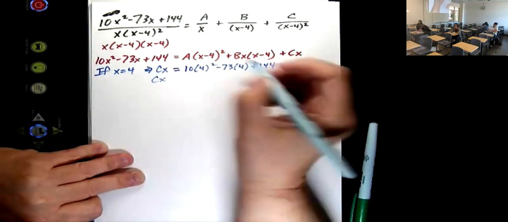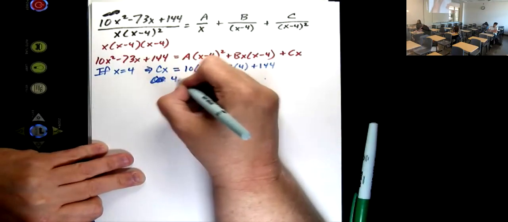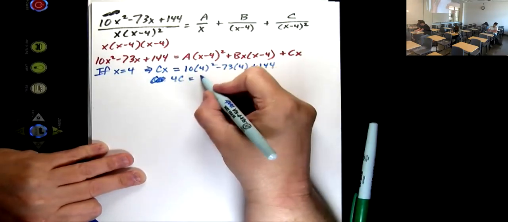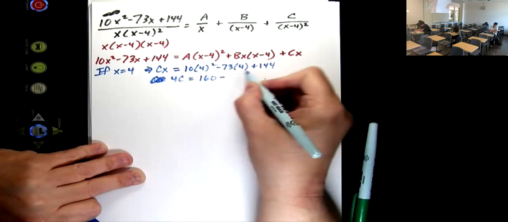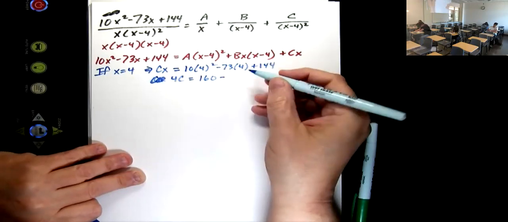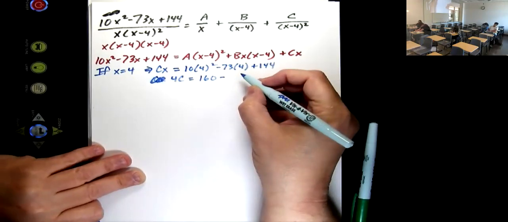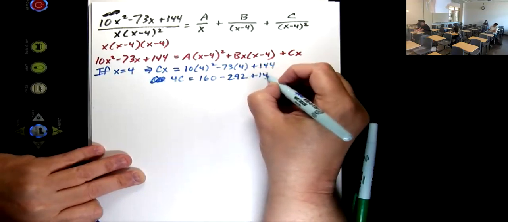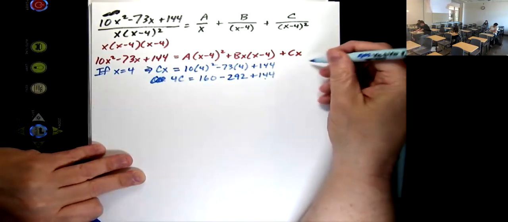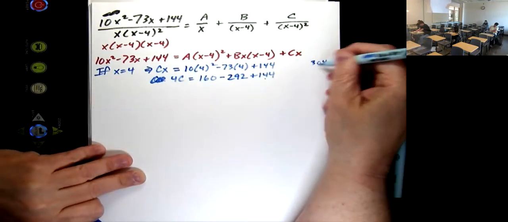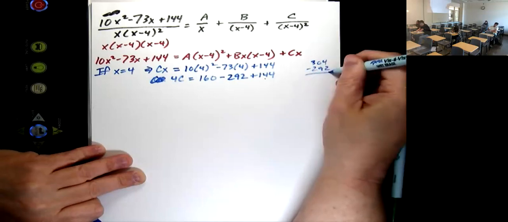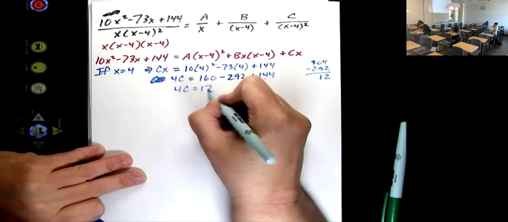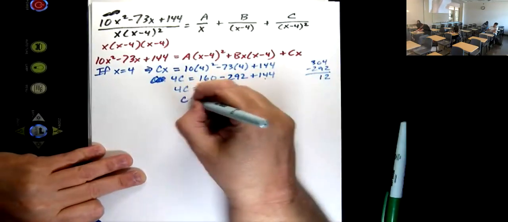And the x is 4, so it's 4c, sorry. This is 160 minus 292 plus 144, which is 304 minus 292. This is 12. So c equals 3.